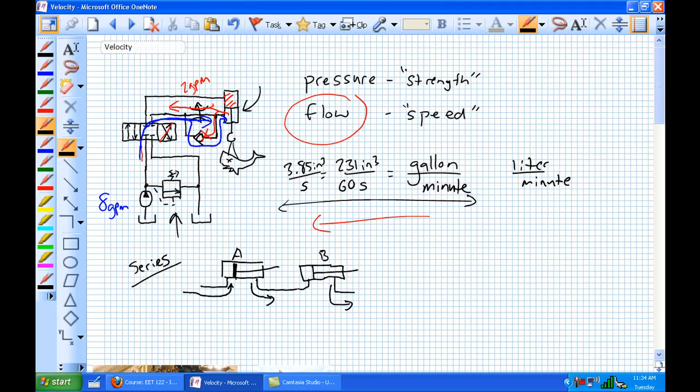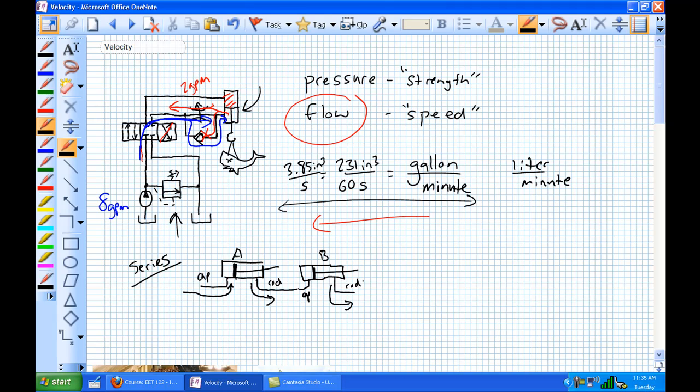So pressurized flow enters cap end, leaves rod end, enters cap end of B simultaneously, and leaves rod end of B simultaneously. Basically, series cylinders are going to move simultaneously.